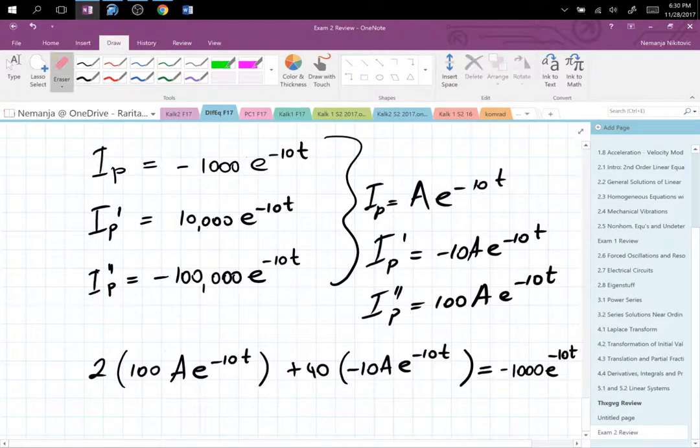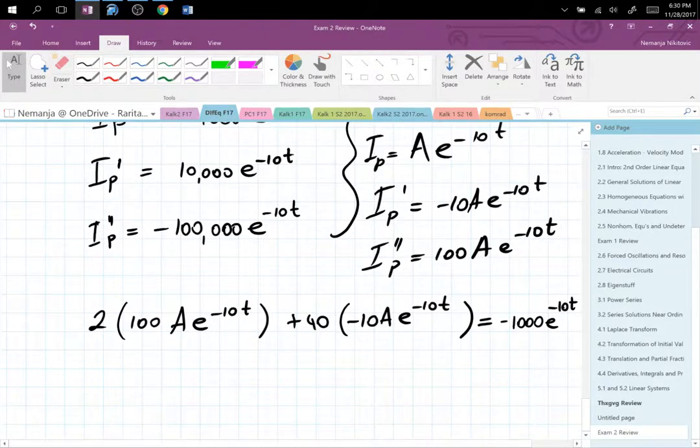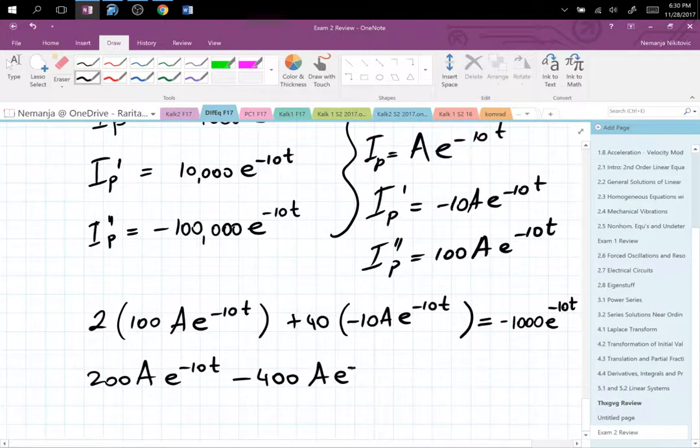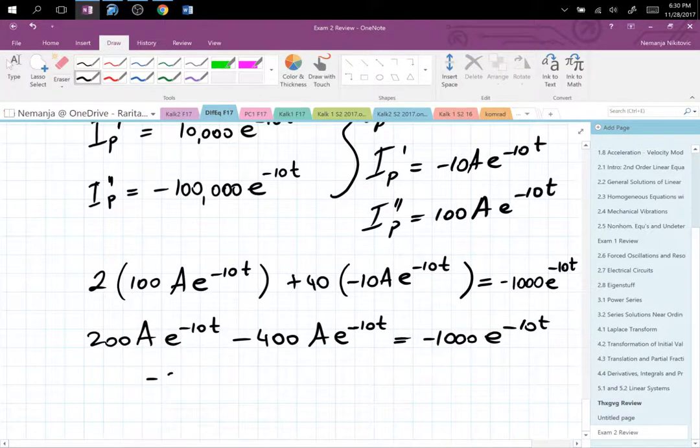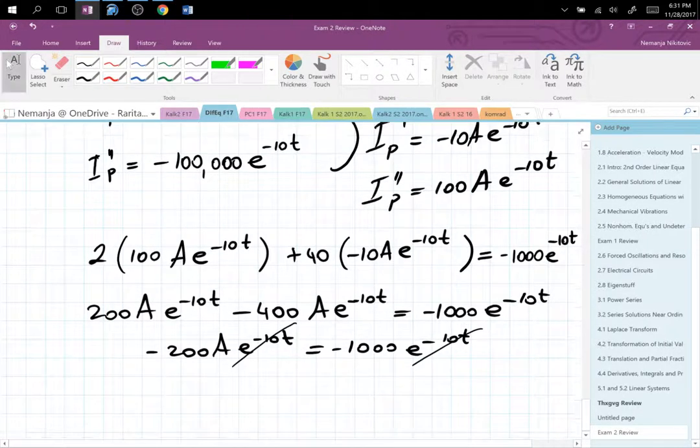So now, when you have that, you differentiate twice, plug into the differential equation, and work this out. So it's 200A e to the negative 10t minus 400A e to the negative 10t equals negative 1000 e to the negative 10t. So this is negative 200A equals negative 1000, so A is negative 1000 divided by negative 200, which gives us 5.